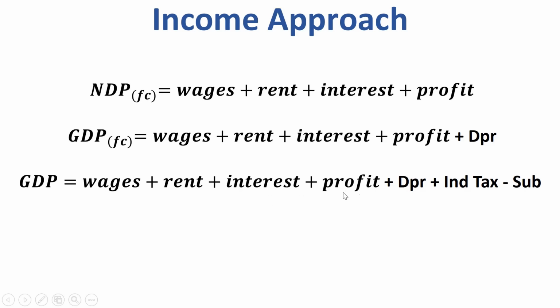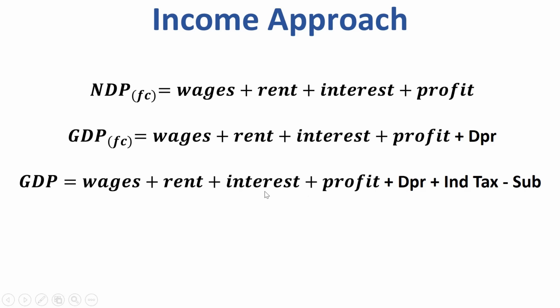Profit could also come in the form of corporate profit. When we take corporate profit, it consists of dividend, corporate profit tax, and undistributed profit. The three together will give you corporate profit. We pick all these components of income, even including mixed income, something like proprietor's income.